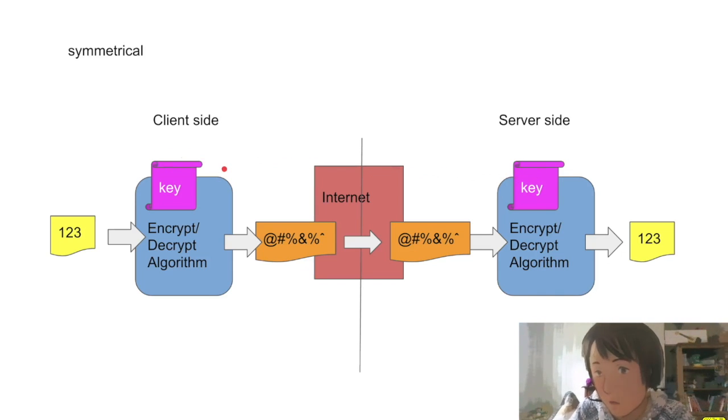The most important thing here is that the key will be transferred from one place to another via the internet, which is kind of a danger zone. This is one of the things you need to keep in mind, because we're going to discuss it a little later.